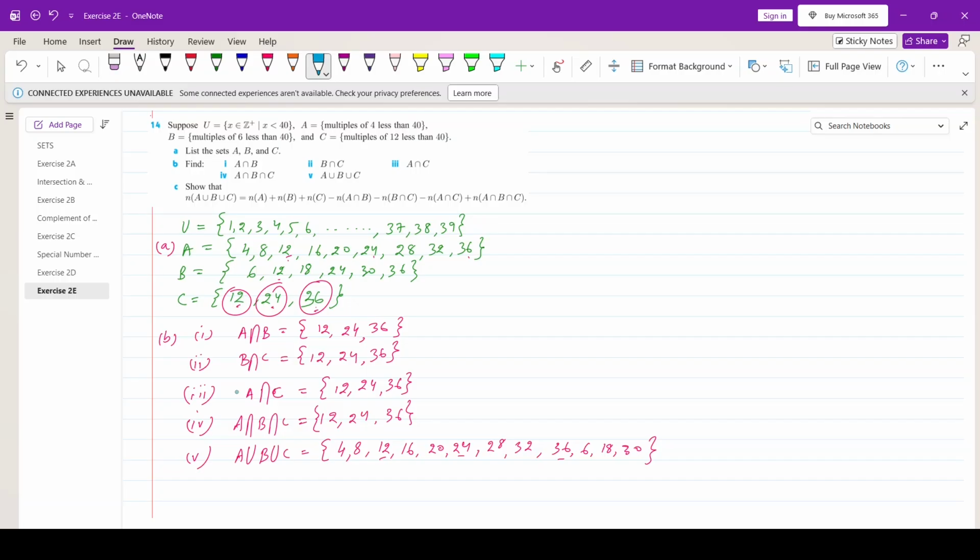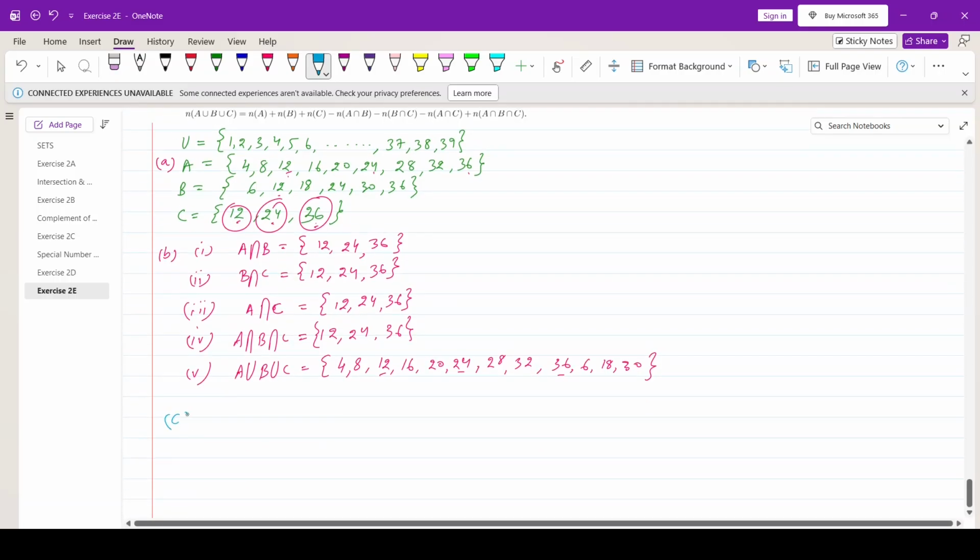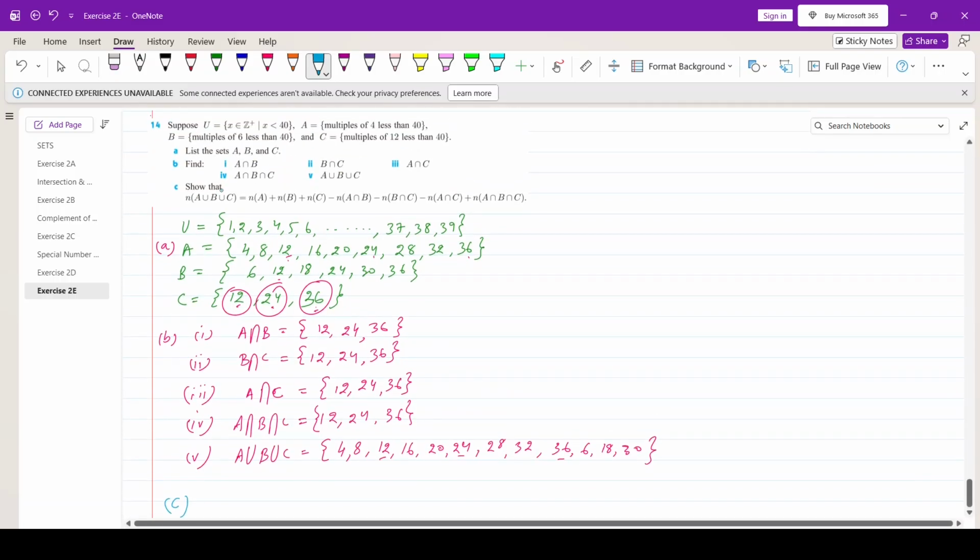So now part C says show that the number of elements in A union B union C is equal to this whole term. So let's write this term.